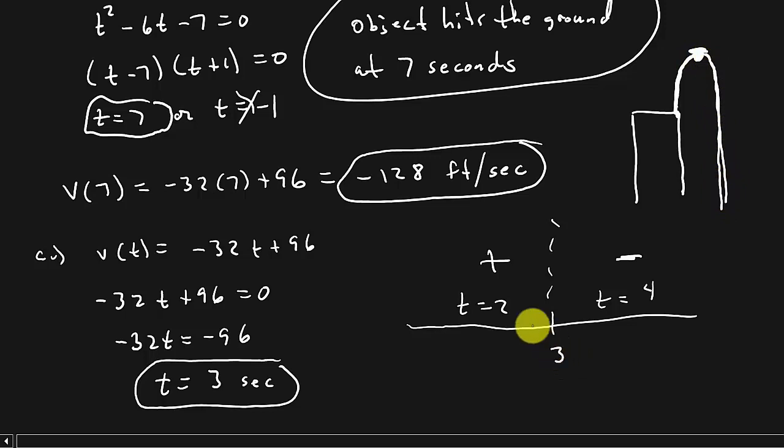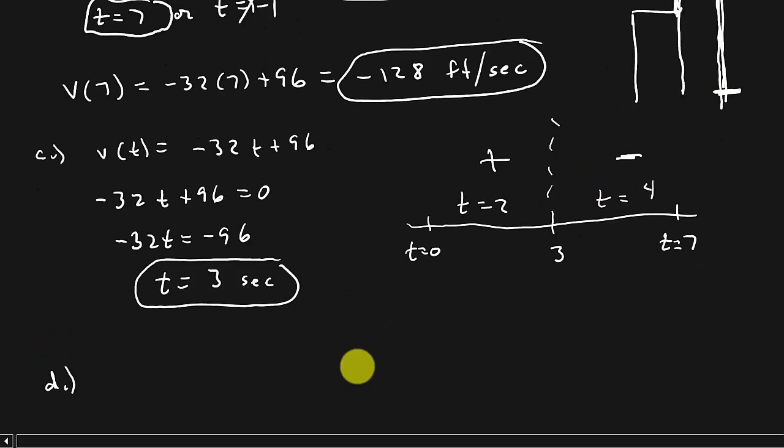So from t equals 0 to t equals 3, the ball is rising here, and then from t equals 3 to t equals what? t equals 7. Oh, where did I get 7 from? Well, t equals 7 is when it hits the ground. So from the time t equals 3 to t equals 7 seconds, the ball's falling. And that's what that's telling us there.